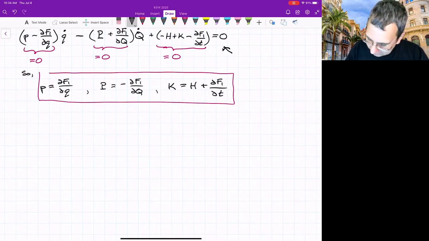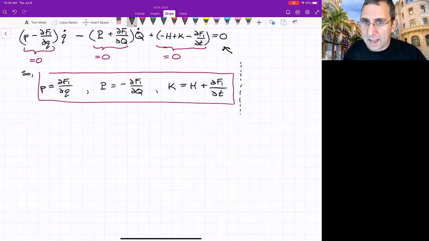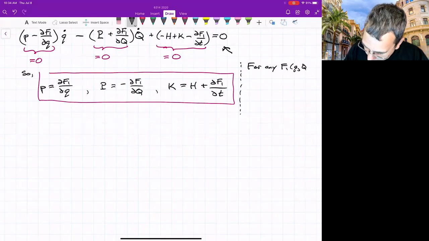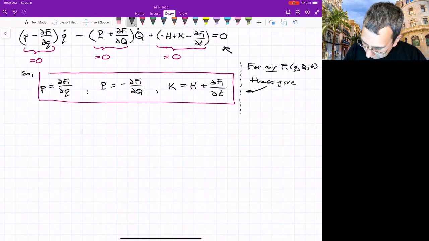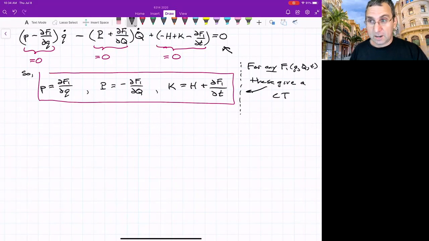So what have we got? This is what we get for any F1 that's a function of little q and big Q and T. Any function, these over here give a canonical transformation. And we would say it gives a canonical transformation generated by this scalar function F1.